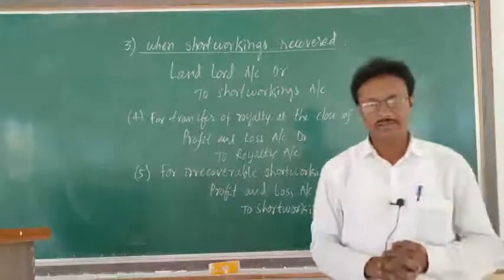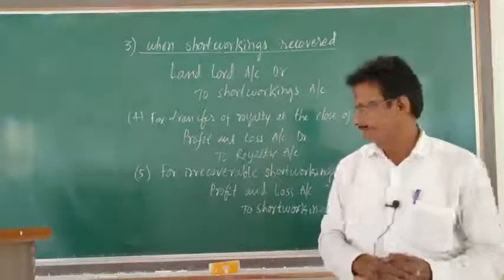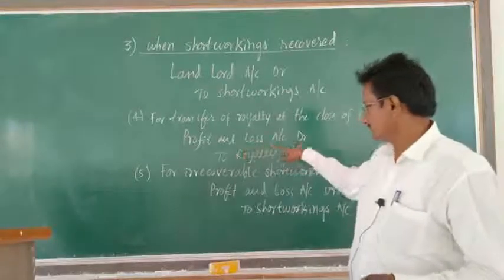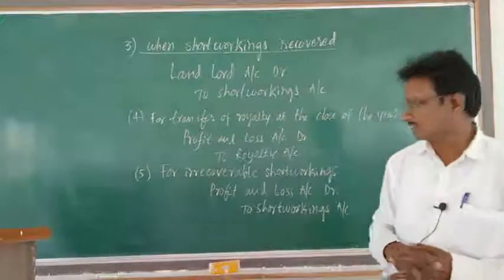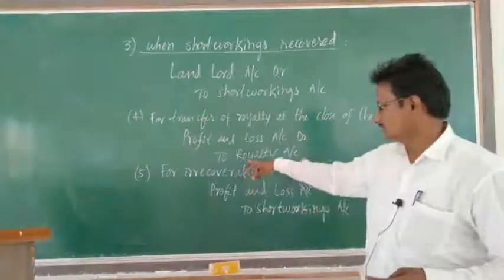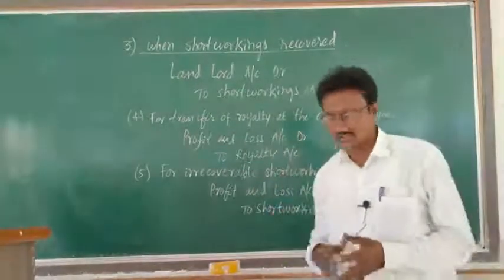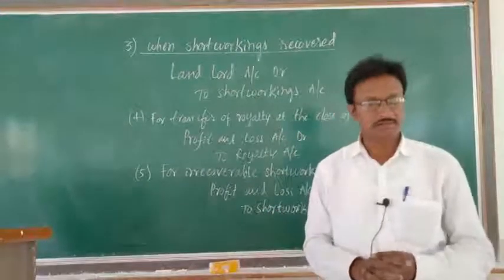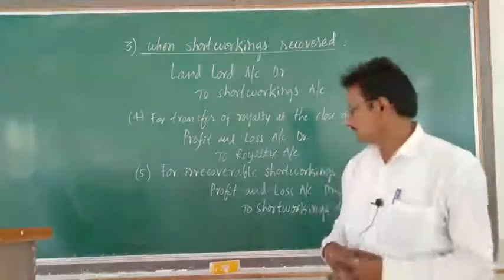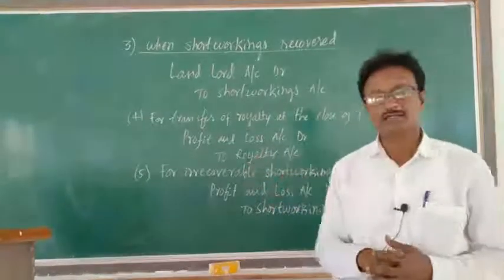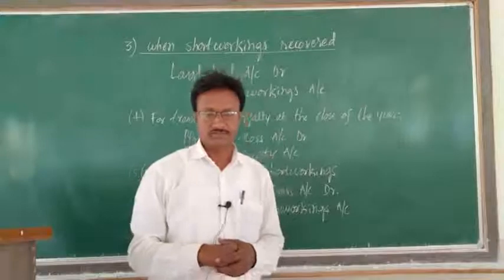The combined journal entry will be profit and loss account debit. Here, the total amount is debited, and credit is given to royalty account and short workings account.